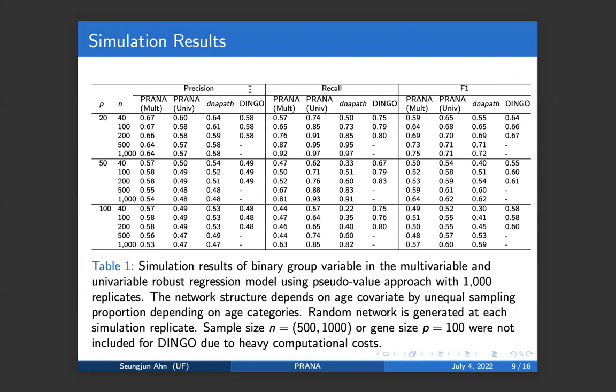And generally, PRANA maintained high precision, recall, as well as F1 scores, regardless of the gene and the sample size specifications. And a mild note for Dingo, which is one of the competing methods: large size specifications were not feasible for the simulation due to heavy computational costs and computational time.